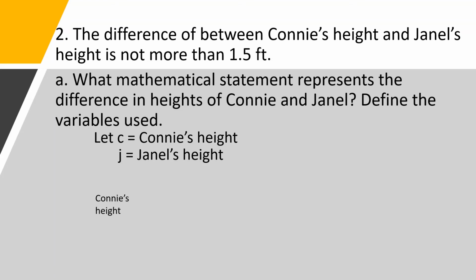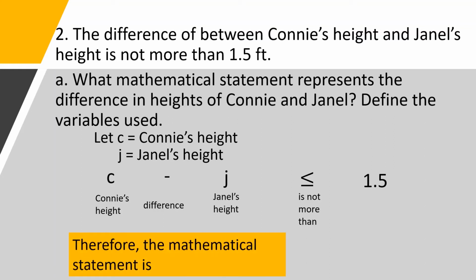Since we have the word difference, that means subtraction. So, C minus J. Then, is not more than, we will use this symbol, and 1.5 feet. So, therefore, the mathematical statement is C minus J is less than or equal to 1.5.